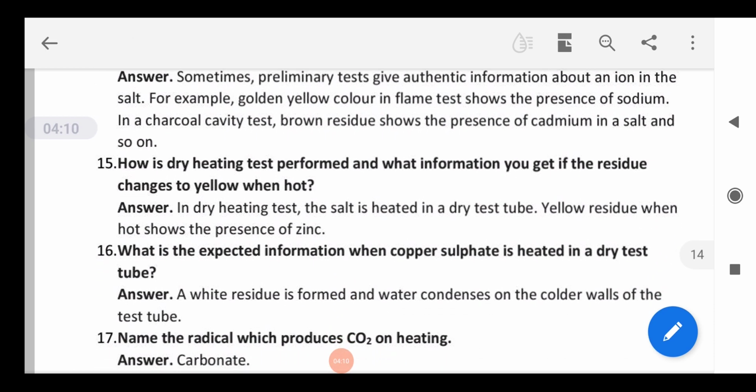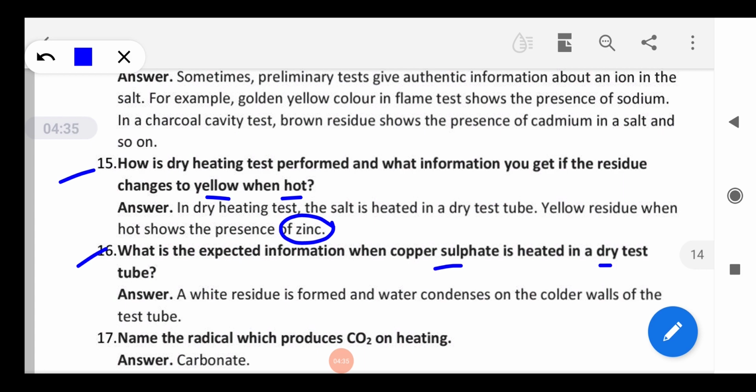Question number 15. How is the dry heating test performed, and what information do you get if the residue changes to yellow when hot? In dry heating test, salt is heated in a dry test tube, and yellow residue when hot shows zinc is present. Question number 16. What is the expected observation when copper sulfate is heated in a dry test tube?